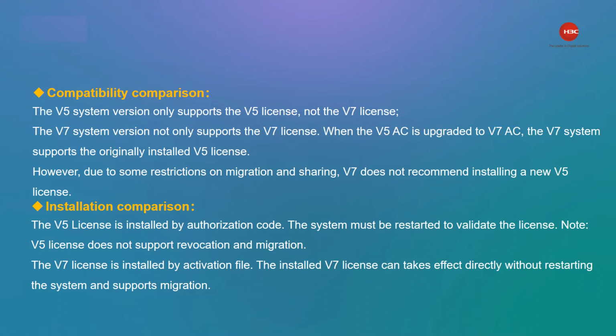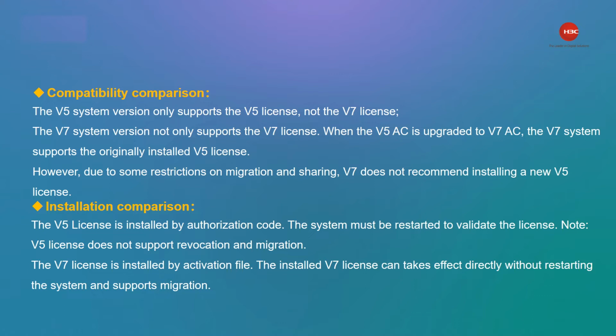However, due to some restrictions on migration and sharing, it is not recommended to install a new V5 license on V7 systems. According to the comparison of installation methods, the V5 license is installed in the form of an authorization code. After the V5 license is installed, the system must be restarted to validate the license.